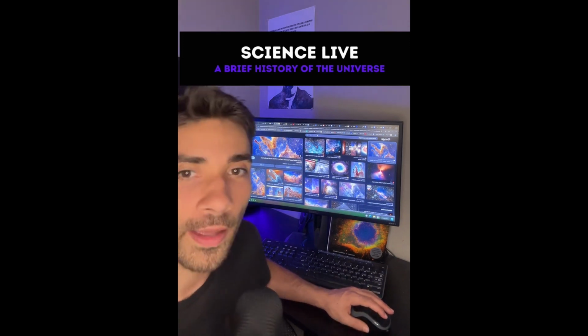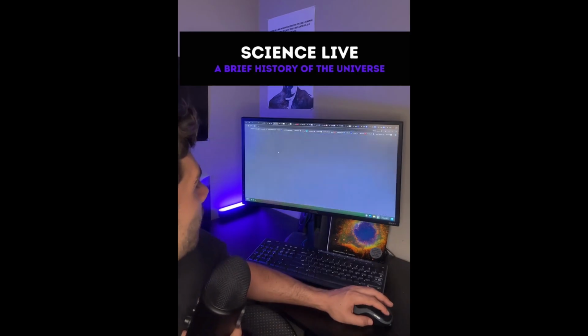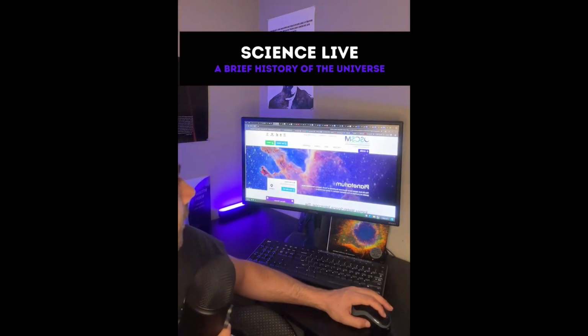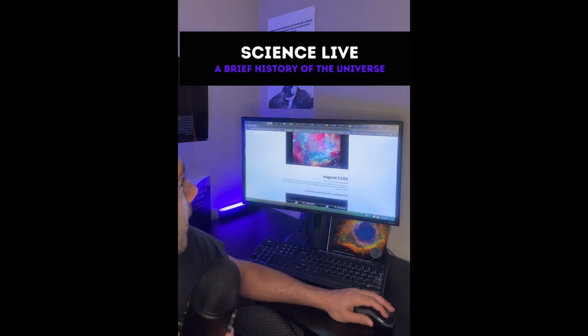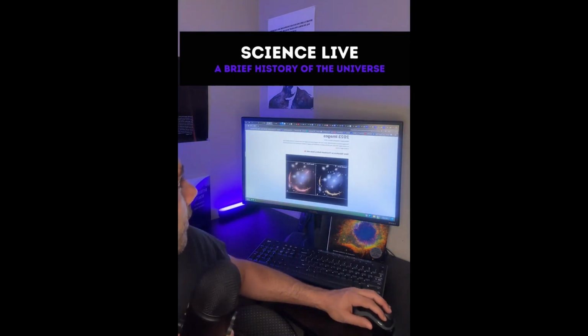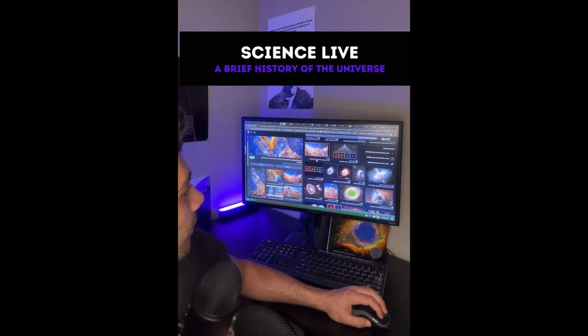Here we have nebulae. We have amazing stellar nurseries. These are big giant clouds of gas and dust in the universe. Some of these are light years wide, thousands of light years wide. And this is where stars are born.